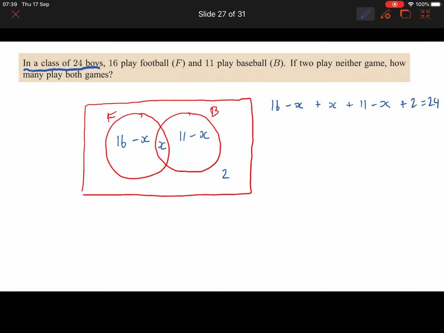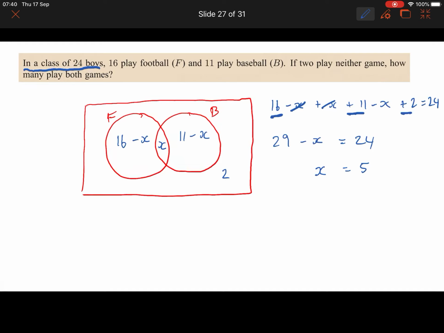Okay? Now let's simplify things. On the left-hand side, we've got 16 plus 11 plus 2. What's that? That's 29. Minus an X plus an X cancel out. And then I'm just left with a minus X. Equals 24, and hopefully you can easily see that therefore X is equal to 5.